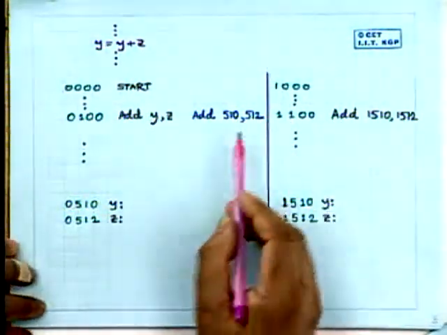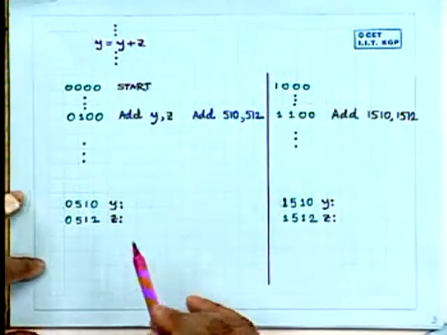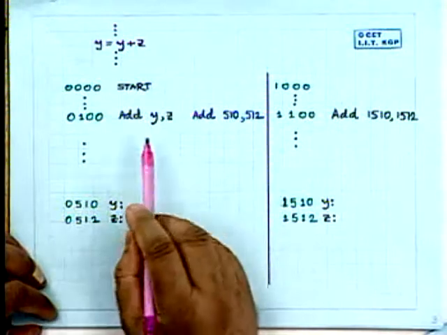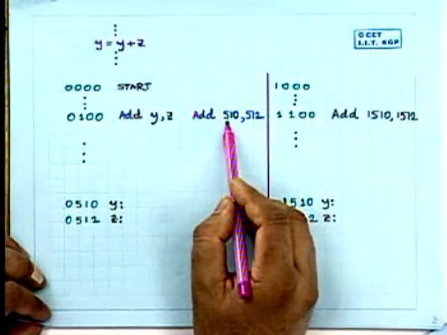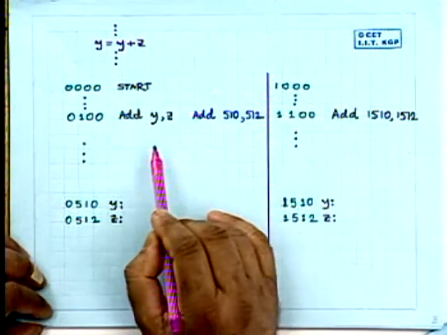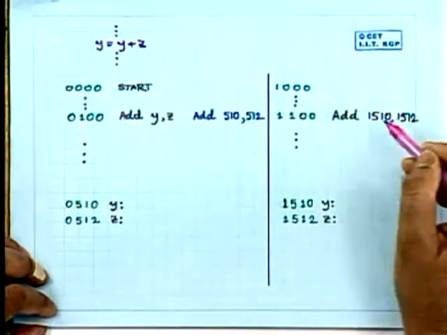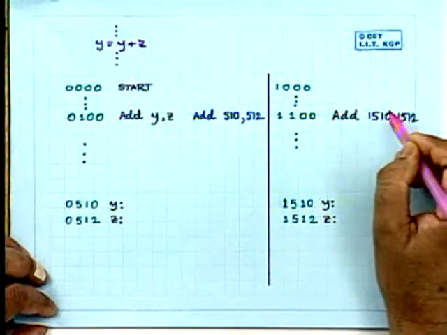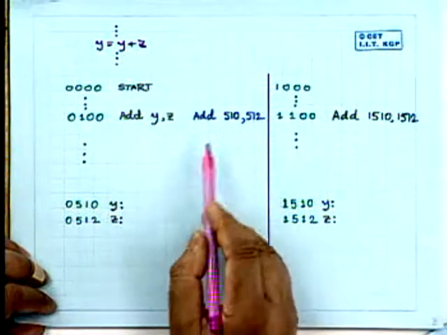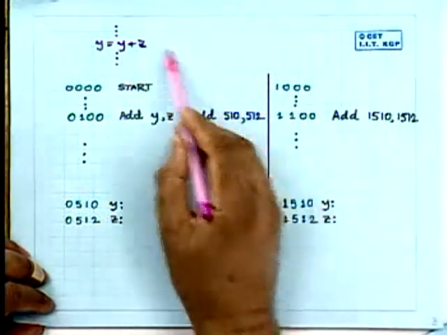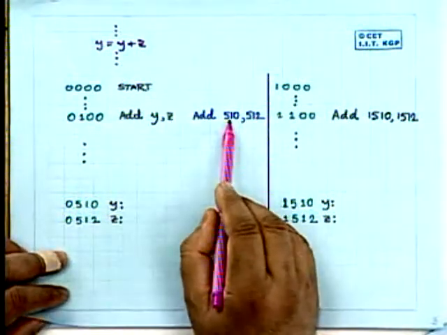This is a logical address space, sometimes called the virtual address space, and the CPU will generate this logical address. That means it will always generate 510, 512 in place of 1510 or 1512, depending upon where the program has been loaded. Therefore, the CPU will always generate the logical addresses kept in the logical address space of the program. The CPU will generate 510, 512.